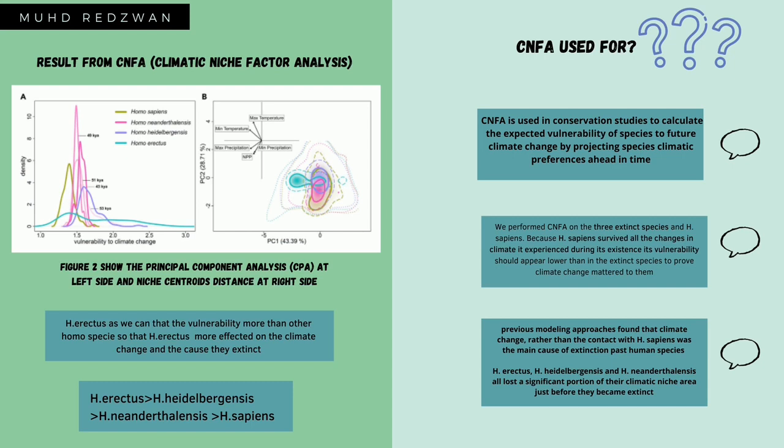So that's why the Homo sapiens can live until now, right? As we know, we are the Homo sapiens, so the Homo sapiens can survive all the climatic change because the vulnerability of Homo sapiens is smallest, right? The remaining Homo species only went extinct because they were affected by climatic change, which caused their extinction.